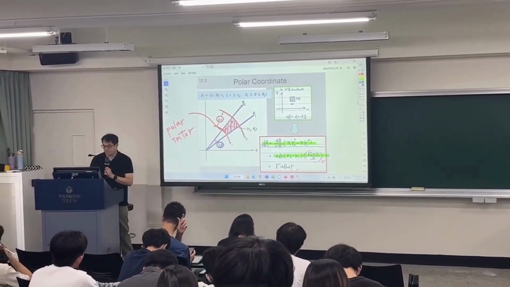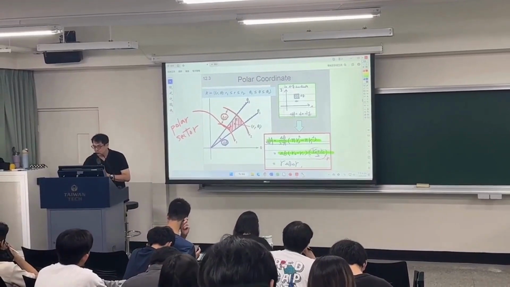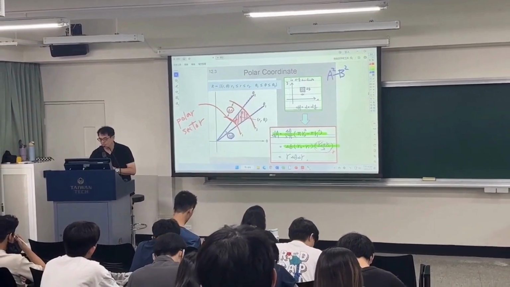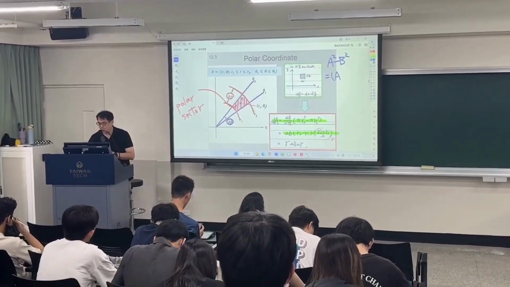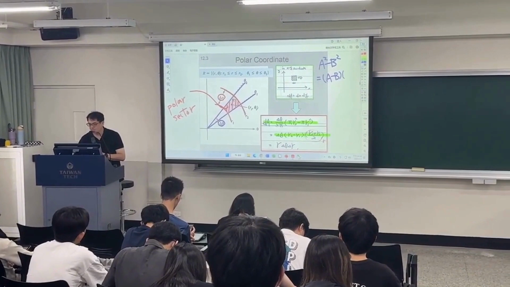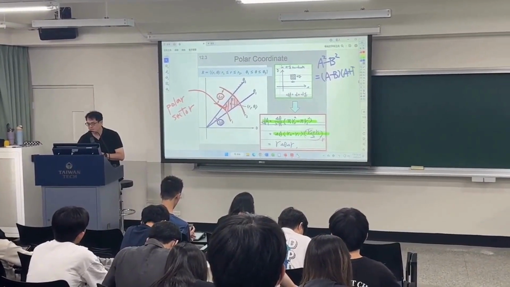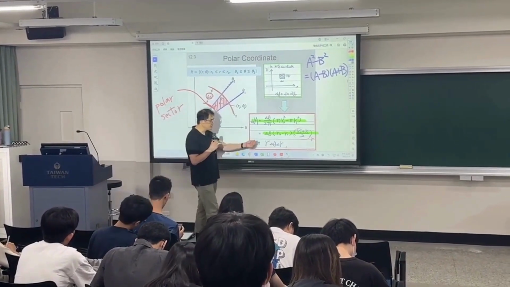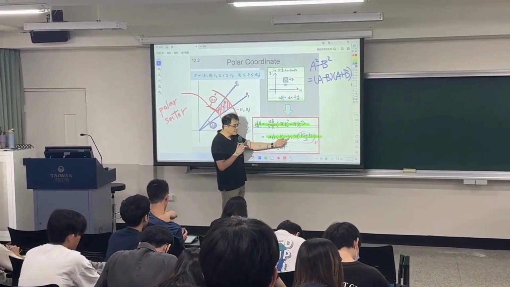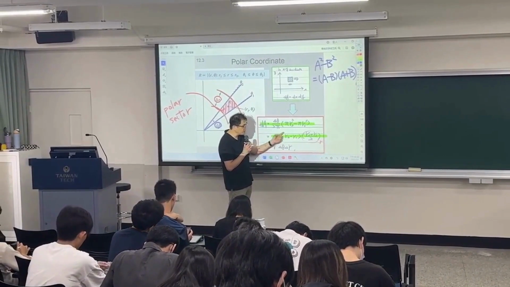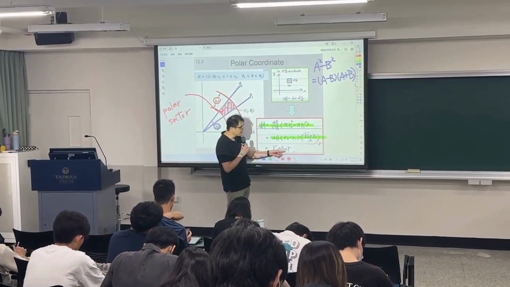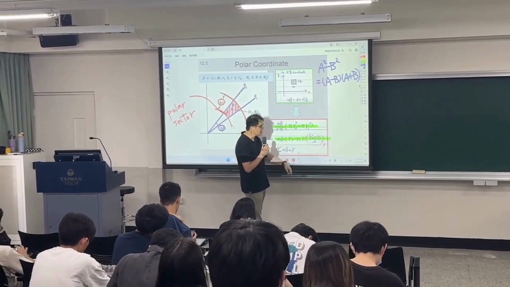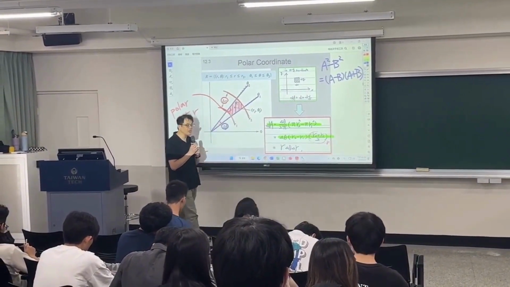Okay, this is simply because of the formula a squared minus b squared equals a minus b times a plus b. So this will give you delta theta times the change of the radius, which will be delta r. Okay, and what will be the r2 plus r1 over 2?